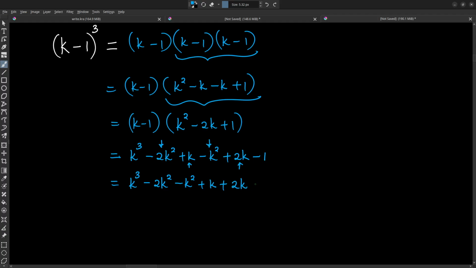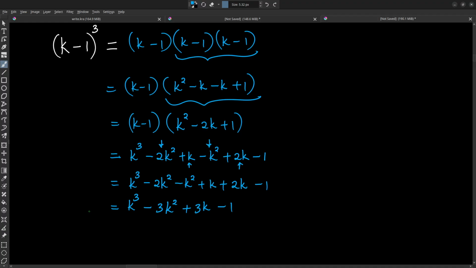And finally, we have minus 1. So we've just collected the like terms together. Now, what does this become? So we have k cubed, and then minus 2k squared minus k squared becomes minus 3k squared. Then k plus 2k becomes plus 3k, and then we have minus 1 at the end.